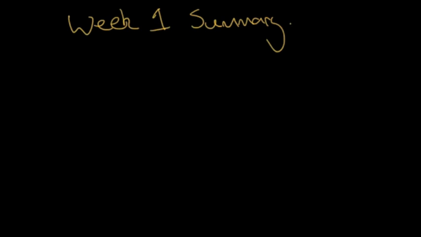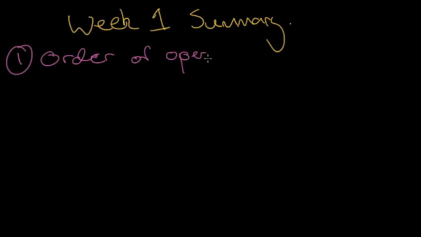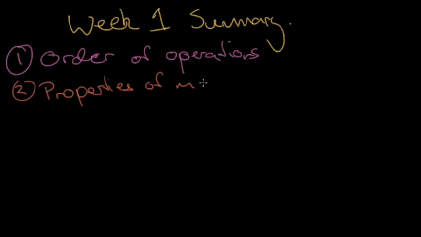In this summary we're going to be looking at 5 different things that we looked at in the first week of lectures. So the first thing is order of operations. The second thing is properties of mathematics.